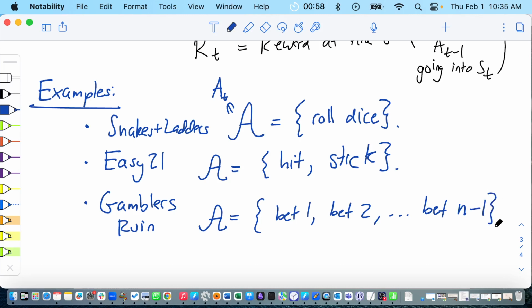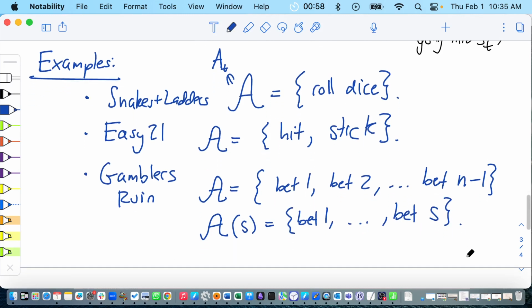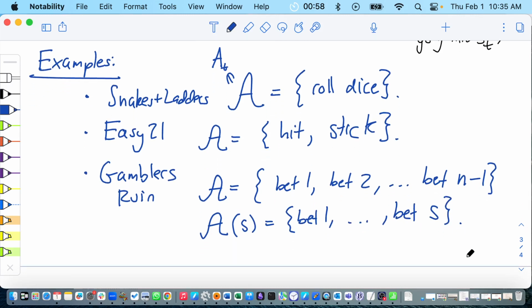But notice that not all possible actions are available at every state. You're not allowed to bet more than you have. So sometimes people will say this is the actions available at state S. You can only bet up to what you have. So even though in general you can bet n-1, at some particular state you might be restricted. You might not have all the actions available to you. Okay, and those are 3 examples.